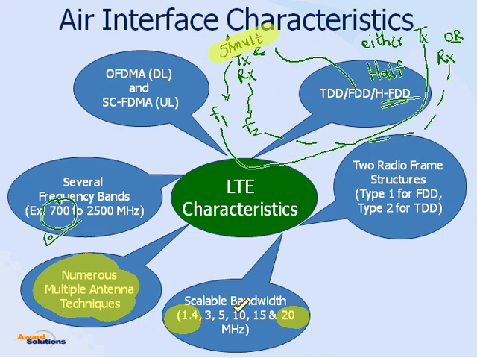I am not aware of any operator thinking of deploying half FDD terminals. From the base station's perspective, the base station is always operating in the full FDD mode. Okay, so the base station transmits on one carrier frequency, receives on one carrier frequency all the time. From the mobile device's perspective only, it will transmit on one carrier frequency or it will receive on another carrier frequency at any given time.